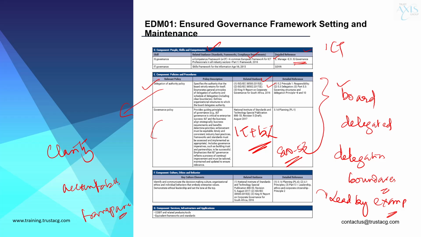Okay. So, some of the key cultural elements could be around identification and communication of the decision making culture that has been defined within the enterprise, ensuring that transparency and accountability are part of your decision making process and are part of the daily operations.